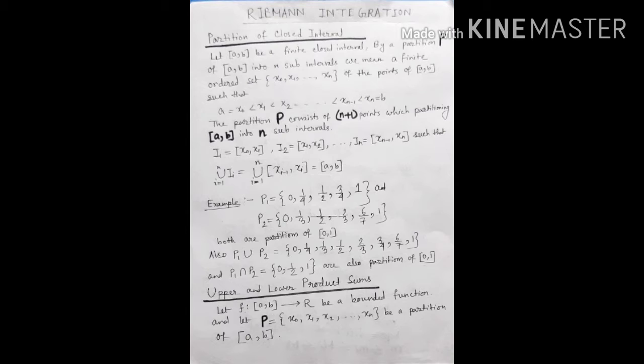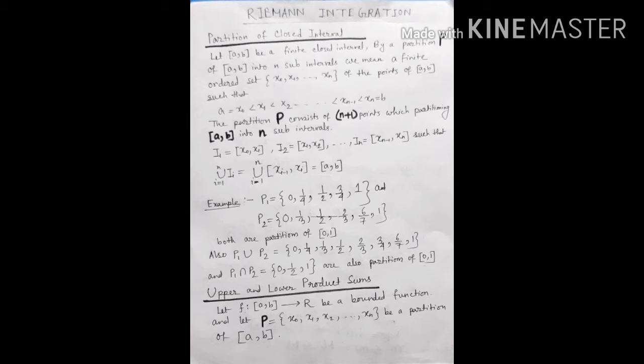We discuss some examples. P1 = {0, 1/4, 1/2, 3/4, 1} and P2 = {0, 1/3, 1/2, 2/3, 6/7, 1} are both partitions of the closed interval [0, 1].